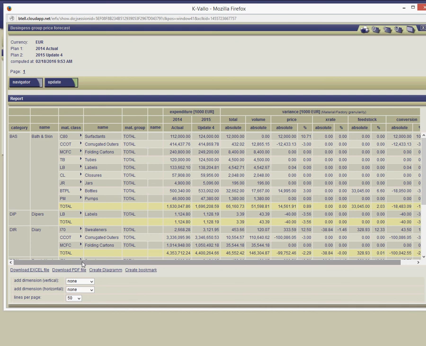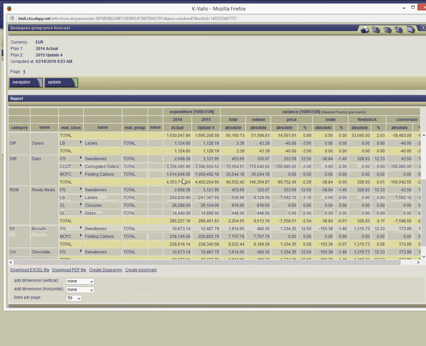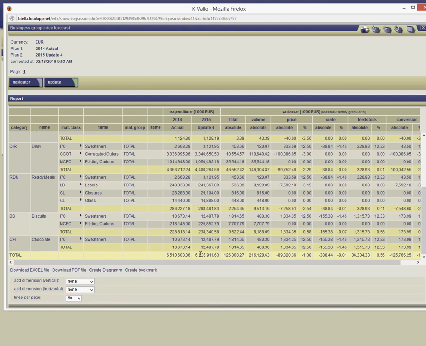All those techniques can be used in K-Vallo for the business planning, and the result is always a price plan. And the price plan will be then transferred to SAP or any further system which will make bomb explosions and further calculations. But basically, for the procurement function, K-Vallo has a reporting system which you see here, and the full expenditure is shown and the full expenditure is explained.